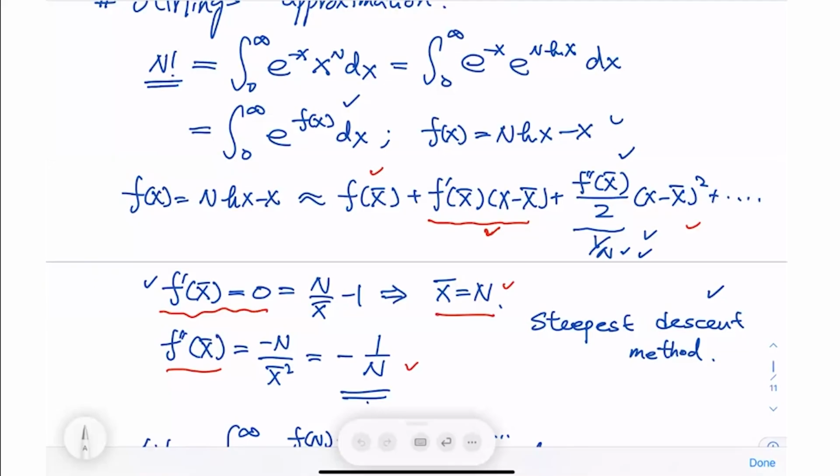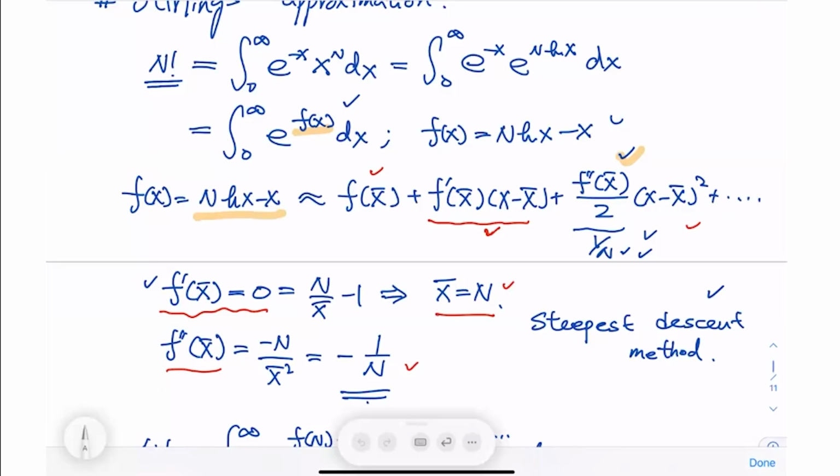However, if you are using this steepest descent method for an arbitrary f of x, not this f of x with the parameter n that can go really large, then you might not be that lucky. For example, the second derivative of your function f nearby the x bar might be some c value, which is not going to be suppressed like in this case.